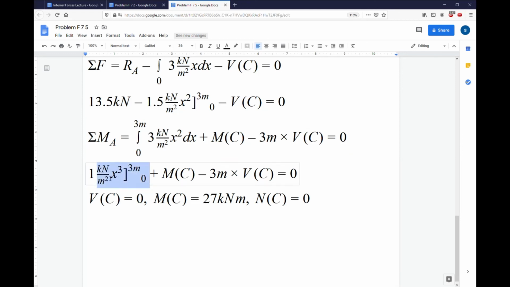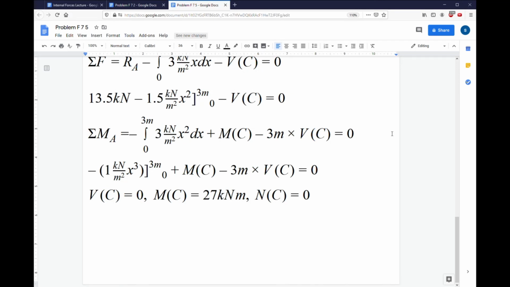So this evaluates to 27 kilonewton meters. 27 kilonewton meters plus internal moment at C minus 3 meters times 0 is 0. That gives us internal shear at C is 0. Internal moment at C is negative 27 kilonewton meters.